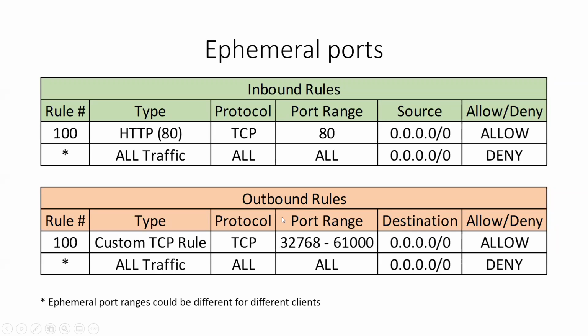So if a packet needs to go out from the subnet, then you need to open the corresponding rule. Again, the packet will go out, but the packet has to come back to the subnet, right? At that time, you have to open your ephemeral ports because yours is a Linux machine too. Does it make sense, guys? You have to be able to take the packet back.